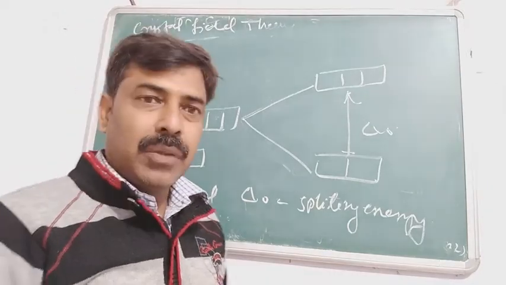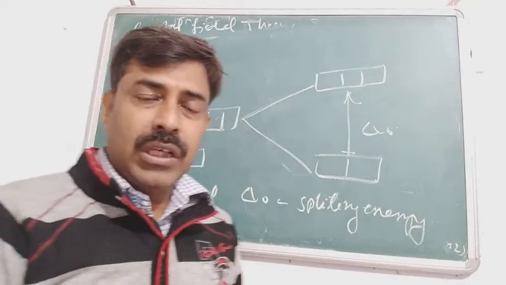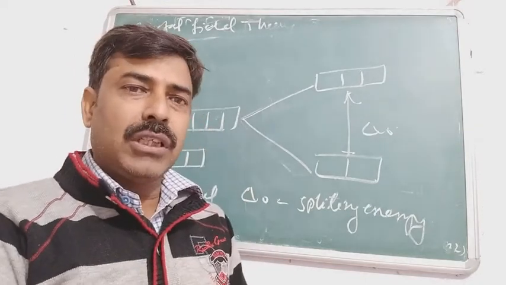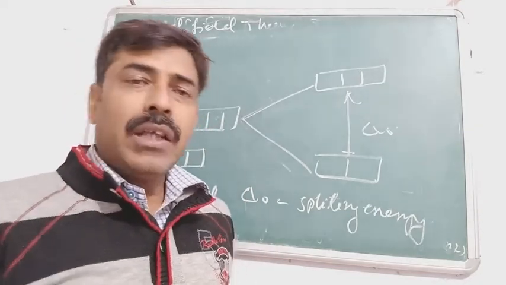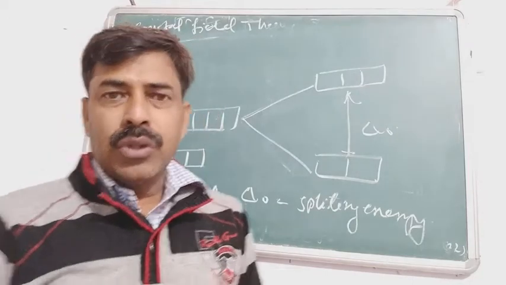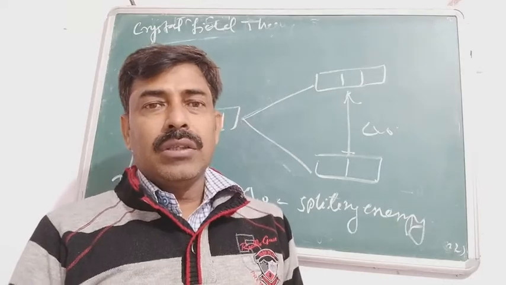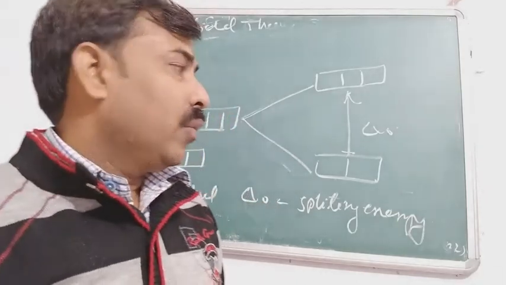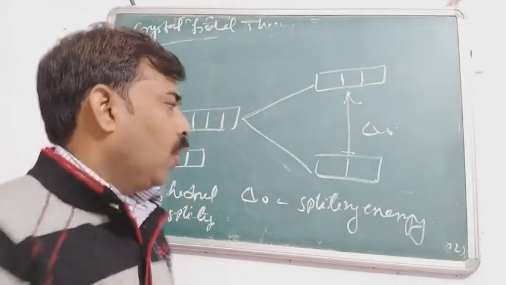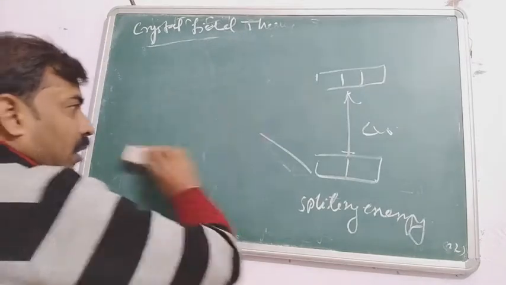Now the nature of the ligands. You can see in your book the spectrochemical series. We say that there are two types of ligands according to crystal field theory, called the strong field ligand and the weak field ligand. What are the strong field ligands and what are the weak field ligands?